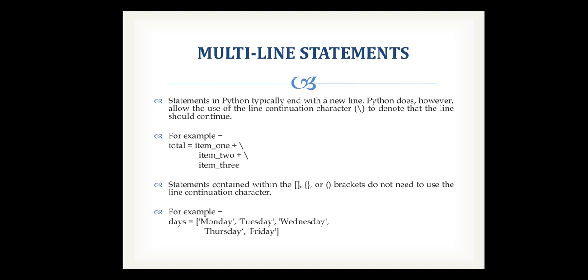But if you want to continue the statement onto another line, you have to use a backslash, then the second line will be considered a continuation of the first line. Statements contained within square brackets, curly braces, and parentheses do not need the line continuation character. It is already considered a continuation.